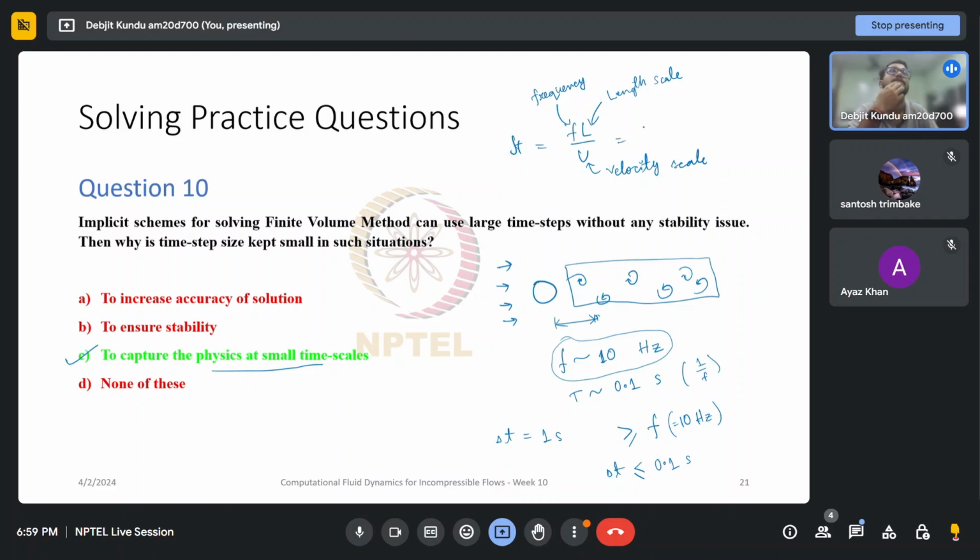So 1 by F would be the system time scale tau S, and L by U is the flow time scale tau F. Yeah, so go ahead with your question.